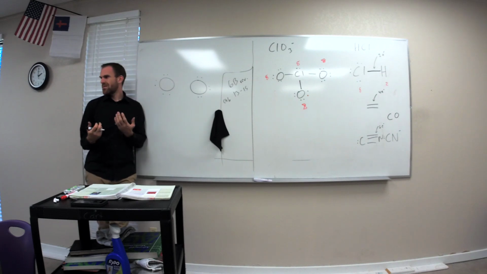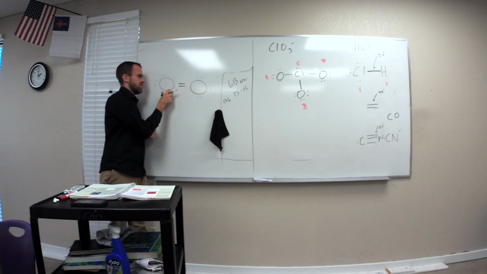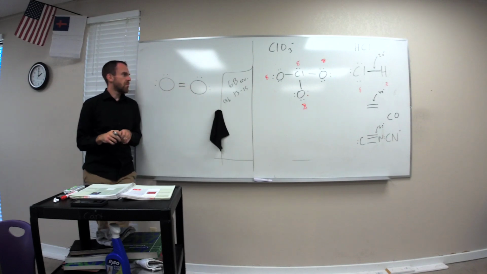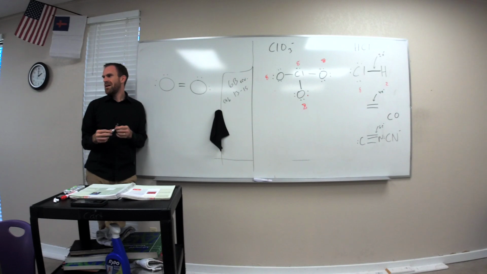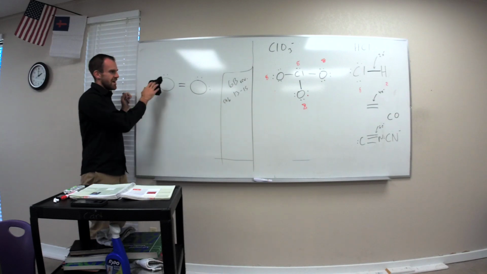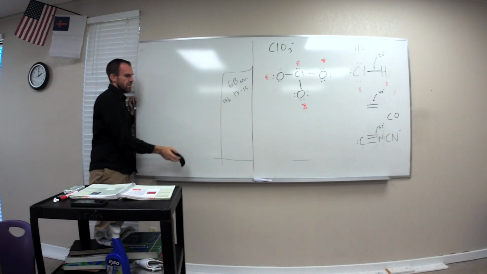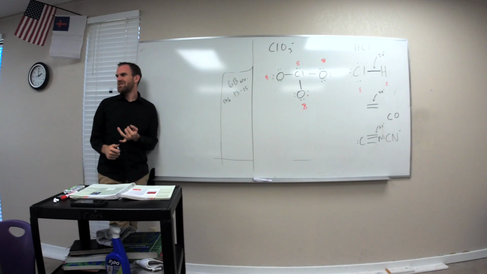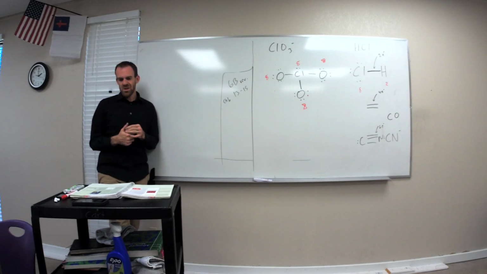So they share 4. And so they're so reactive that they're going to react with themselves, and they naturally appear that way. All the halogens, they want that extra electron. It's bad news. So that's that.